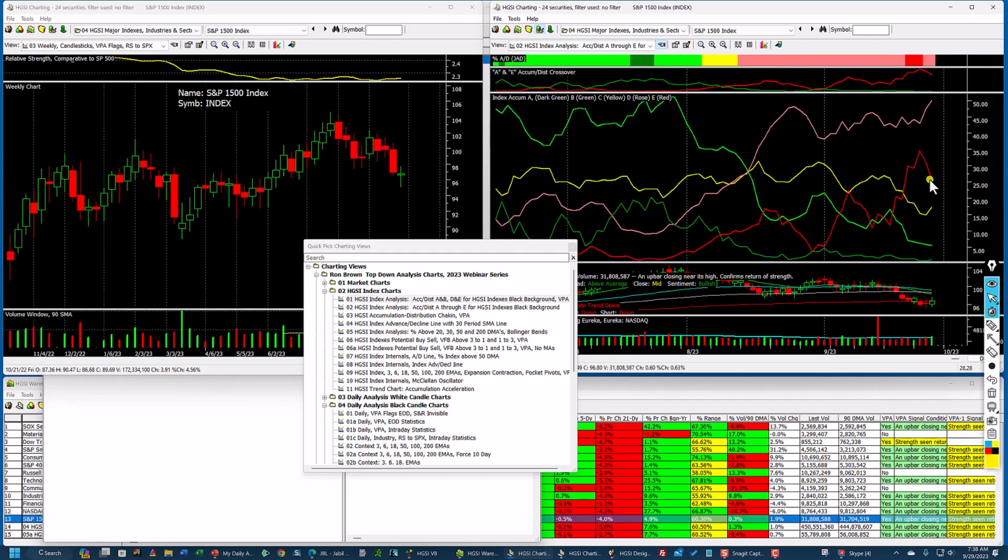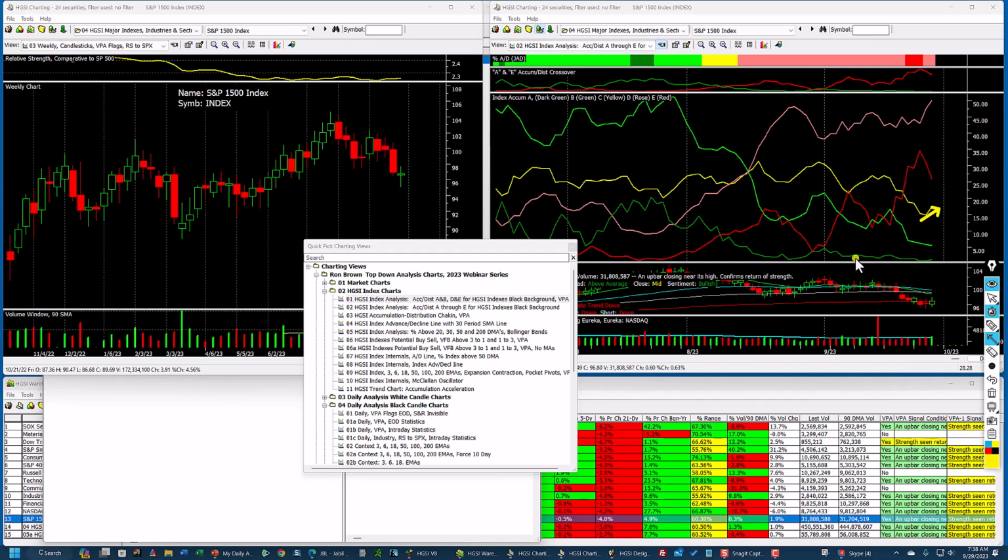There's money coming out of the E into the D. Let me get an arrow on here. So it's coming out of the E into the D into the C, and it hasn't really started appearing in the B and the A yet. A is dark green, B is lighter green. It hasn't appeared there yet, but it's coming into the C.